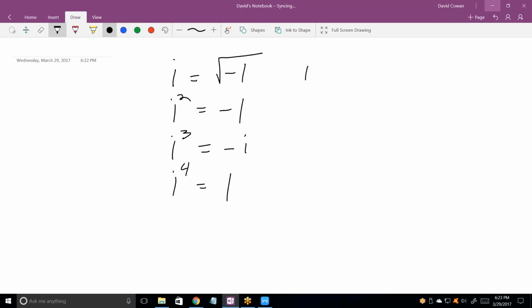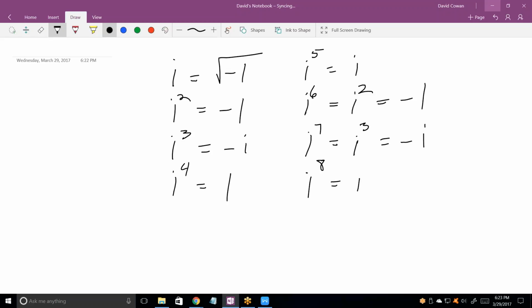Now everything repeats. i to the fifth is i, i to the sixth is i squared, or -1. i to the seventh is the same as i cubed, or -i. i to the eighth is the same as i to the fourth, which is the same as 1.